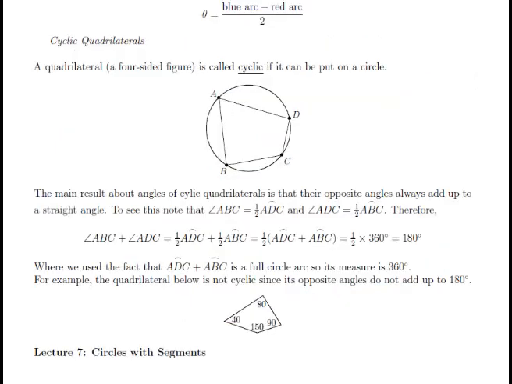One last rule for this lesson, that is cyclic quadrilaterals. The idea is if you circumscribe any kind of a quadrilateral, it doesn't have to be a parallelogram, rhombus, square, trapezoid, or any of those things.